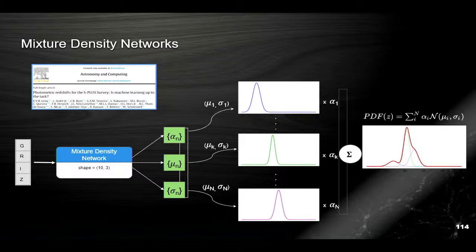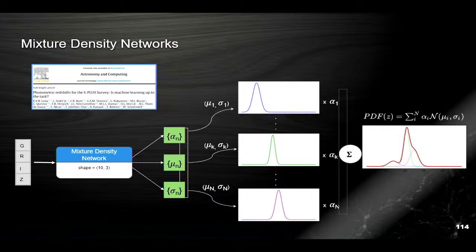Today, I will show you a different way to define errors, which are called mixture density networks. This was already used in Eric Lima's paper on S-PLUS photometric redshift, and is also being used in several other works from my group using DECam data and also to make assessment of kilonovas.